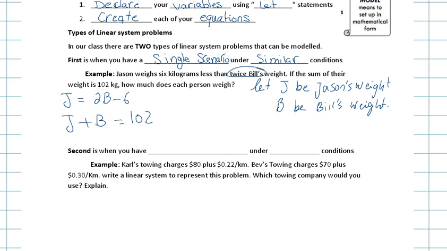So for now, we're not going to do anything, we're just going to leave it, we're just making the equations, we're not solving. Okay? We already learned how to graph them, right? But we're also going to learn how to solve by doing two other methods. So in this case, we are comparing two different weights to each other, right? But in this case, the single scenario is their weight.